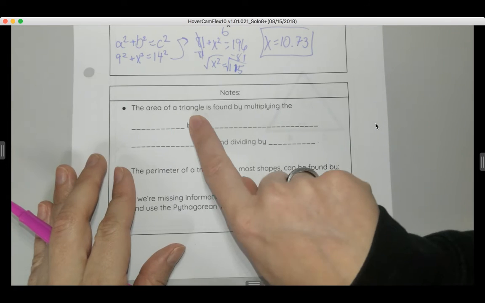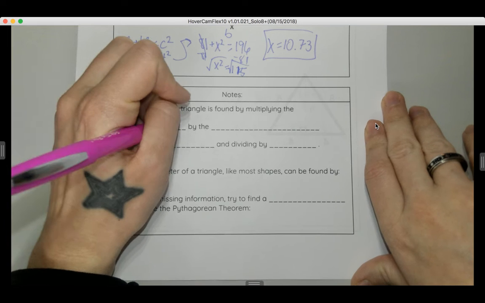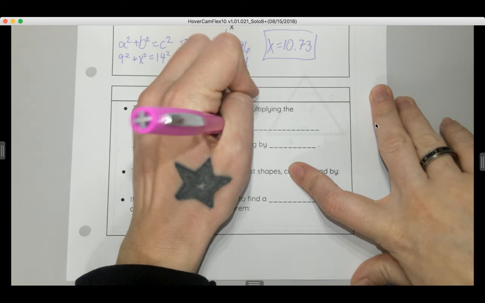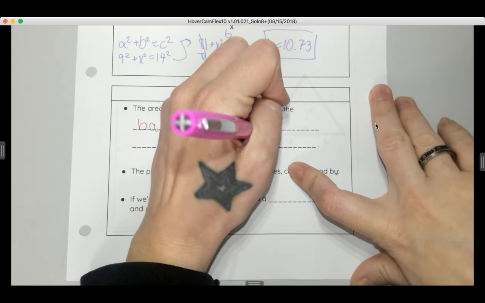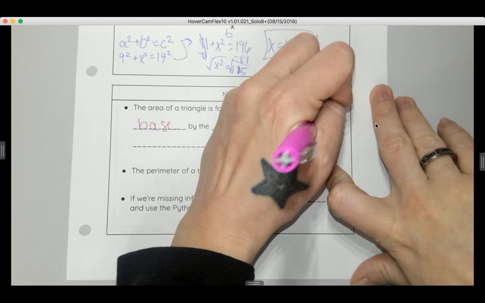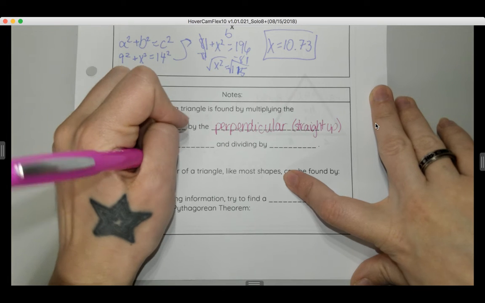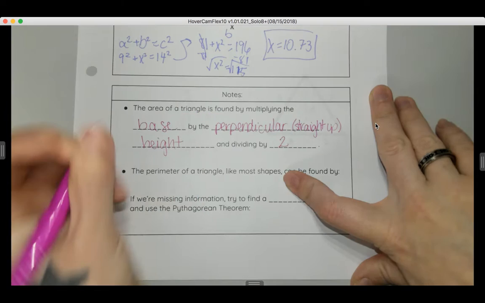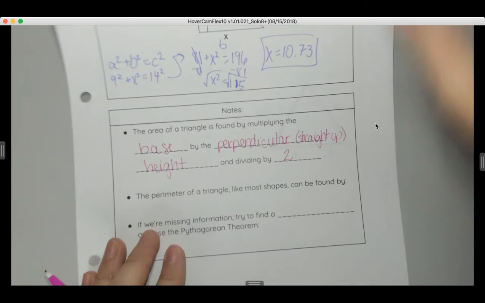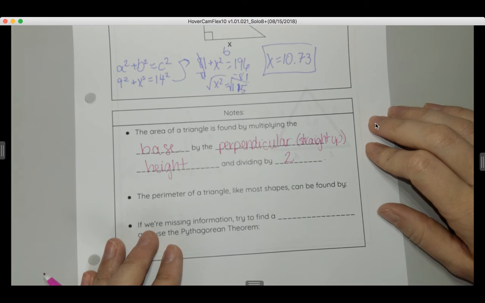The area of a triangle is found by multiplying the base by, this is really important, I'm going to put perpendicular, which means straight up, height, and dividing by 2. Mr. Chavez, if you would pause to make sure everyone's got that, and then I'm going to show a quick example of why that is.